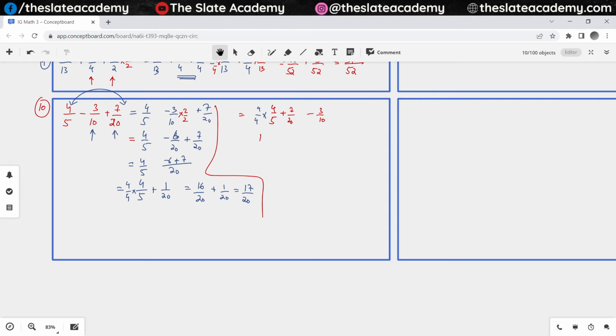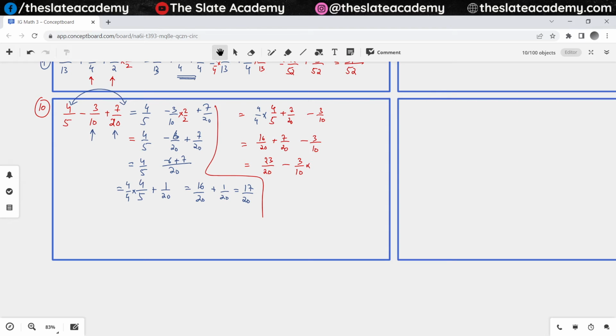So it becomes 16 by 20 plus 7 by 20 minus 3 by 10, which stays the same. So 16 plus 7 is how much? 23 by 20 minus 3 by 10.